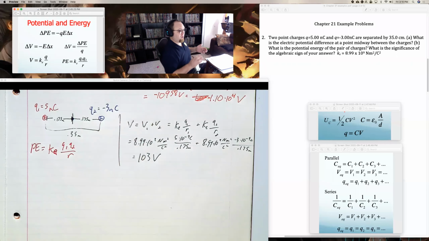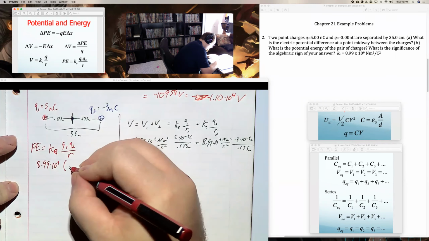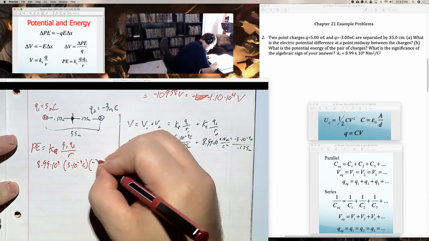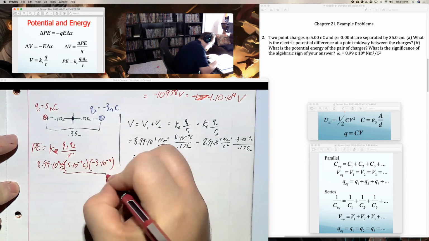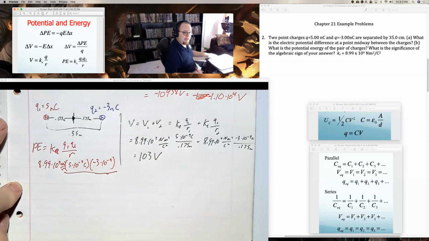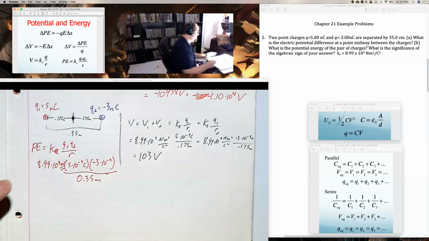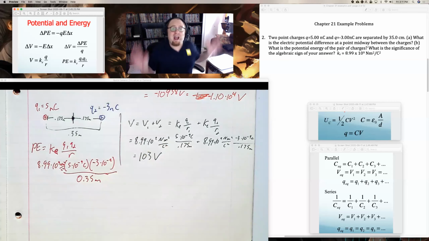Now note, it doesn't say what's the potential energy at the midpoint. It says what's the potential energy from these charges. So I'll stick to the same thing, 8.99 times 10 to the 9th, and then 5 times 10 to the negative 9 times negative 3 times 10 to the negative 9. My r is going to be the distance between them, because that gives us the potential energy of the pair. I'm going to use my 0.35 meters. I don't use the 0.175 because nowhere in this part does it say anything about the halfway point.